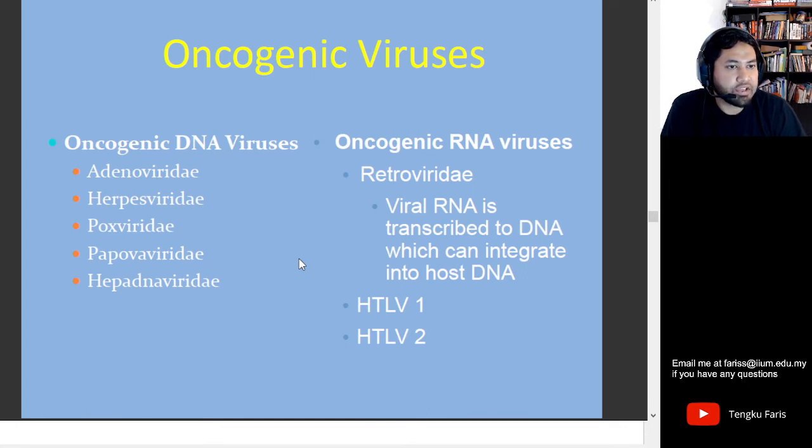Some distinction between two types of oncogenic viruses. The oncogenic DNA viruses include Adenovirus, Herpes Virus, Pox Virus, and Papilloma Virus, whereas the oncogenic RNA viruses include Retroviridae, in which the viral RNA is transcribed to DNA, which can integrate into host DNA, and also HTLV.